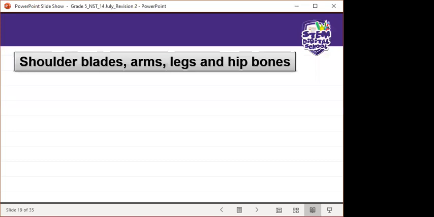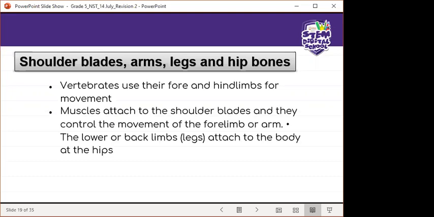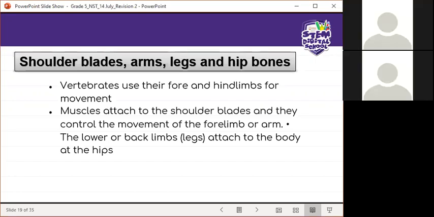Here we have shoulder blades, arms, legs, as well as hip bones. Vertebrates use their fore and hind limbs for movement, and this is where we get the shoulder blades, arms, legs, and hip bones. Muscles attach to the shoulder blades and control the movement of the forelimb.